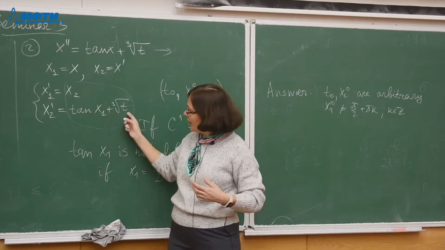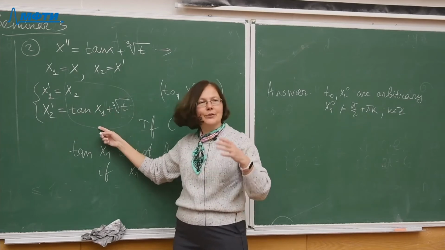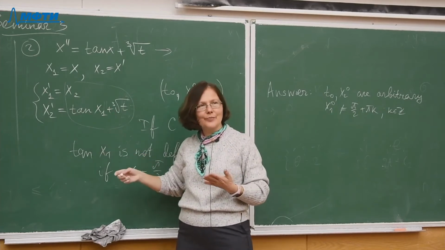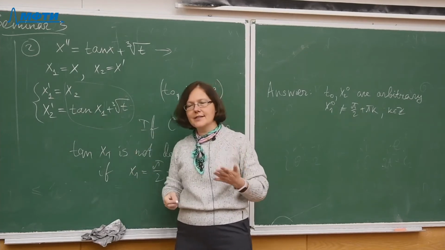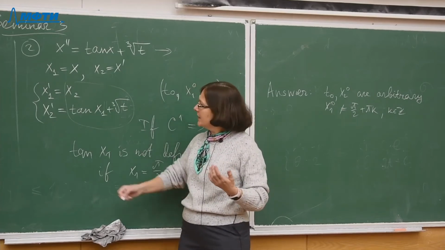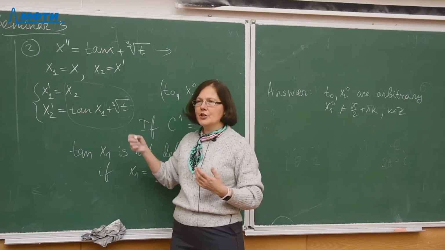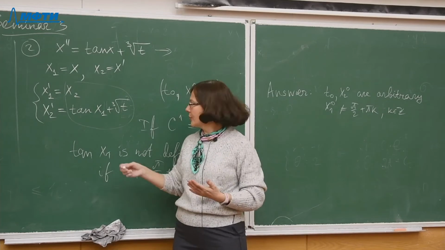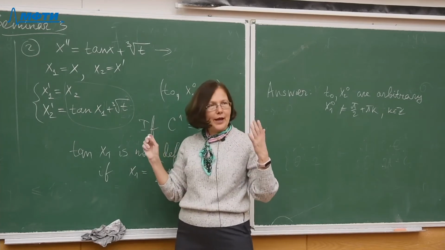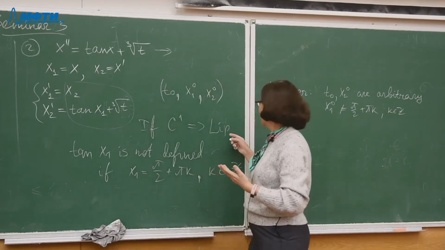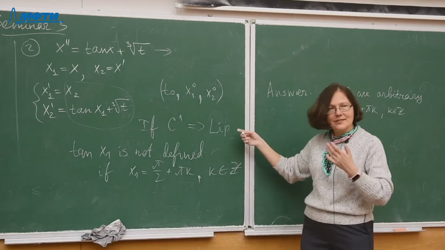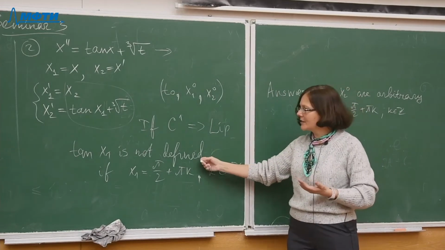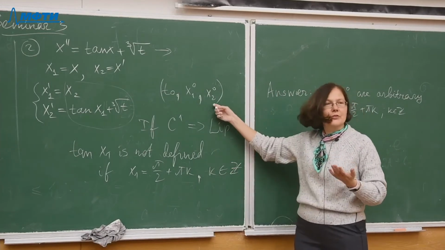And if we differentiate the second component with respect to x2, we'll get 0. So both exist and are continuous. So our function is of class C1 with respect to x2, so it is Lipschitz, and x2 is arbitrary.